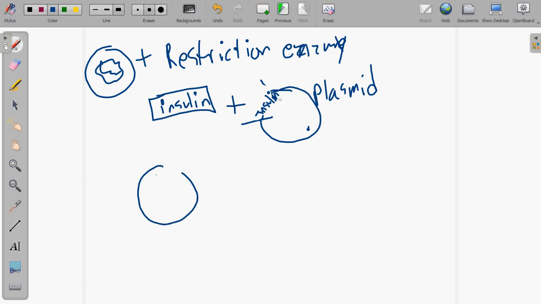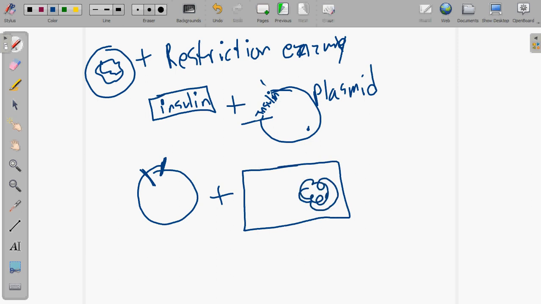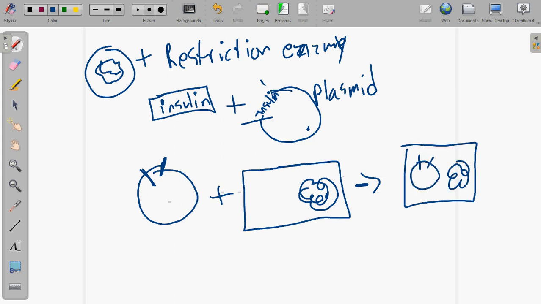So now we take that plasmid with our new gene, and we're going to add that to a bacteria. Now it has its own DNA, but after this, it's going to have its DNA and this plasmid with the insulin gene. Okay?